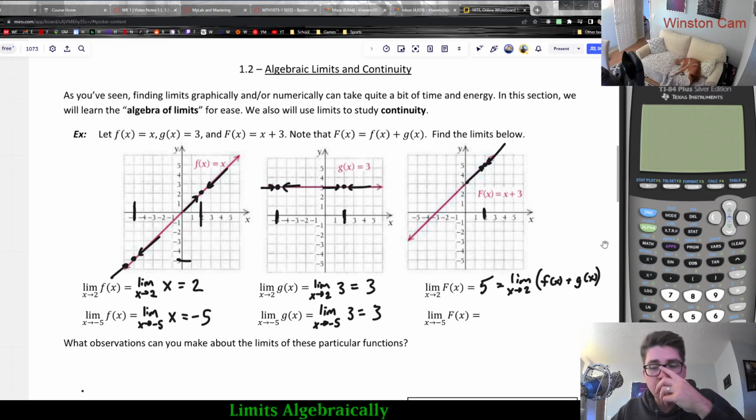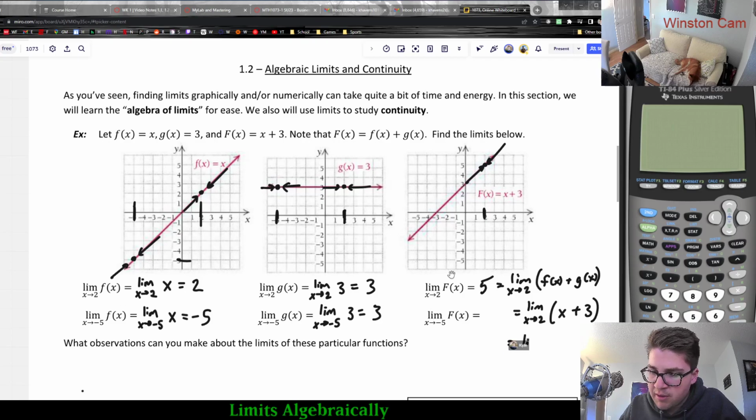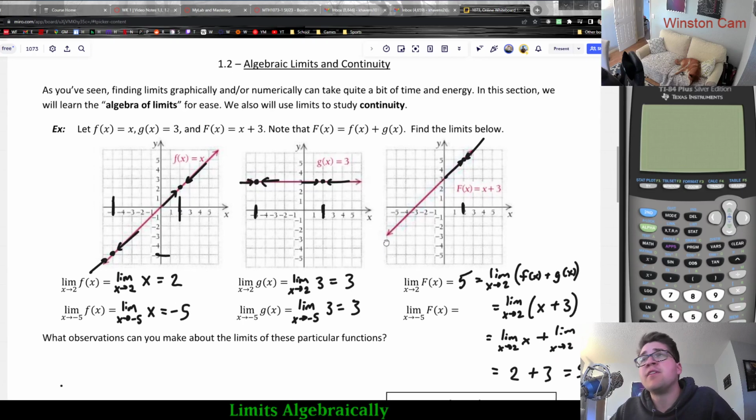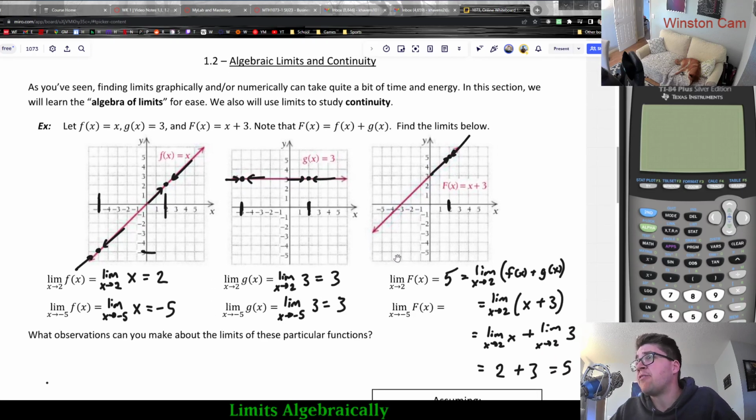Well, this is going to be equal to the limit as x approaches 2 of x plus 3, because those were the values of each of those functions. But essentially, if we know the limits of each of those individually, this will be equal to the limit as x approaches 2 of x plus the limit as x approaches 2 of 3. And the limit as x approaches 2 of x is just 2. 2 plus 3 is 5. That's what we get after all is said and done.